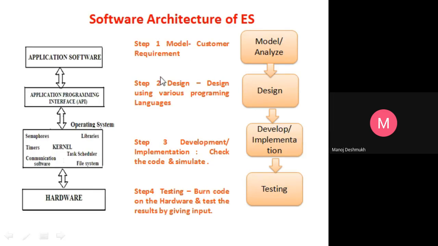So here, most important, again I am telling, requirement is most important. After that, based on requirement, you are going for designing a circuit. Circuit means embedded system, either on single PCB or multiple PCBs interfaced together, or multiple devices are interconnected together, either wired communication protocol or wireless communication protocol.